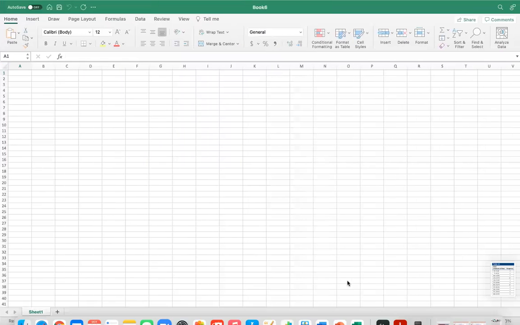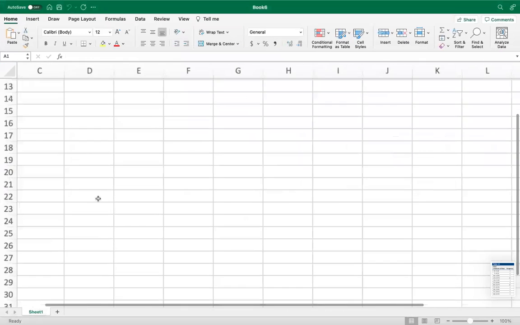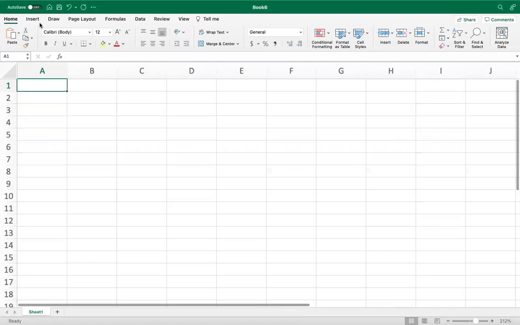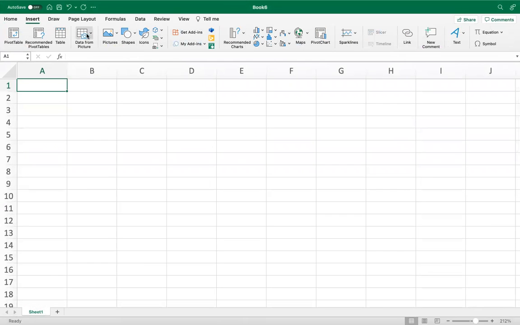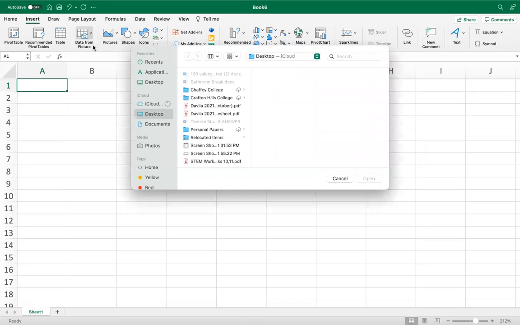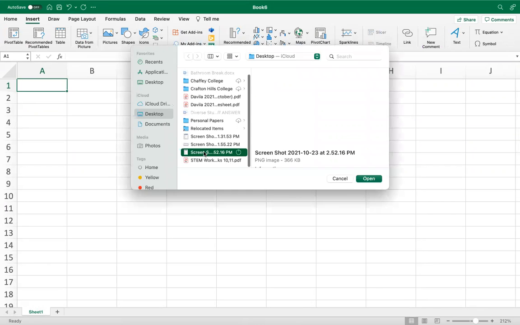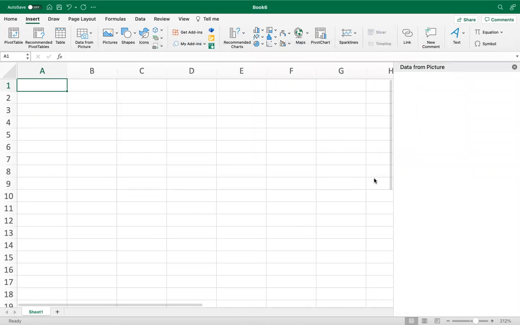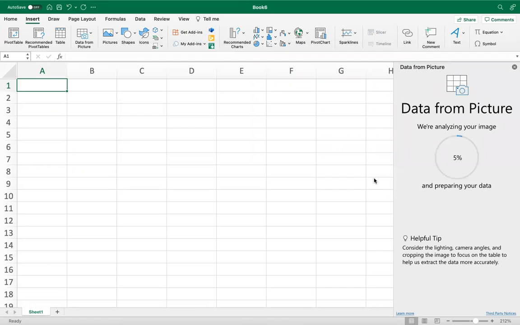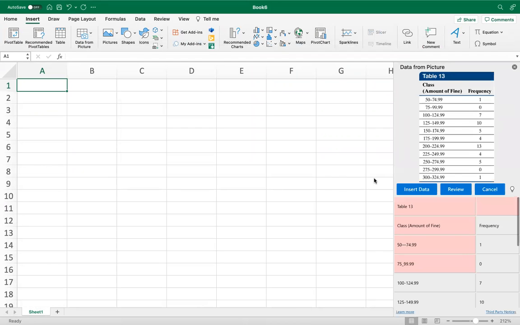Perfect. We're going to take it right over to Excel. Here, insert data from picture, and it's going to be one of the latest screenshots. All right, class amount.